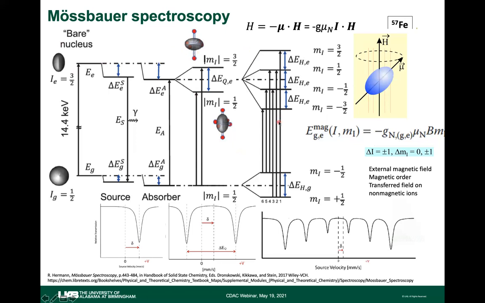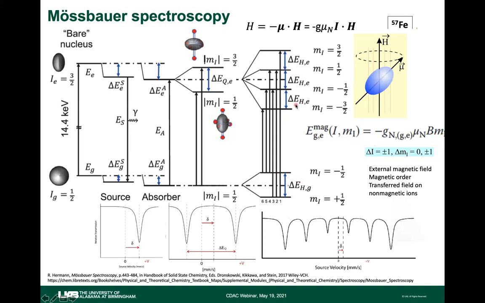Okay, and then in the presence of an external magnetic field, when there is magnetic order from the electrons, or in some cases on non-magnetic ions if there is a transferred field from magnetic ions, you would expect to see nuclear Zeeman splitting.